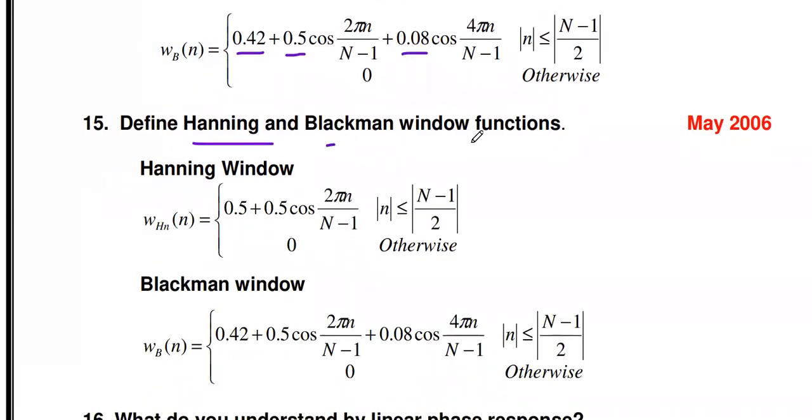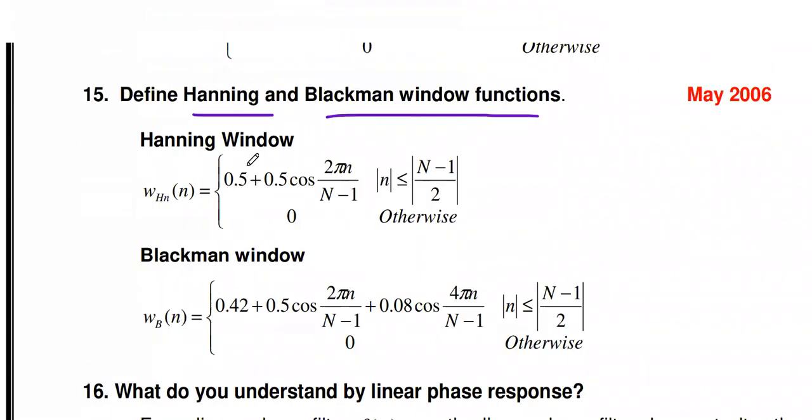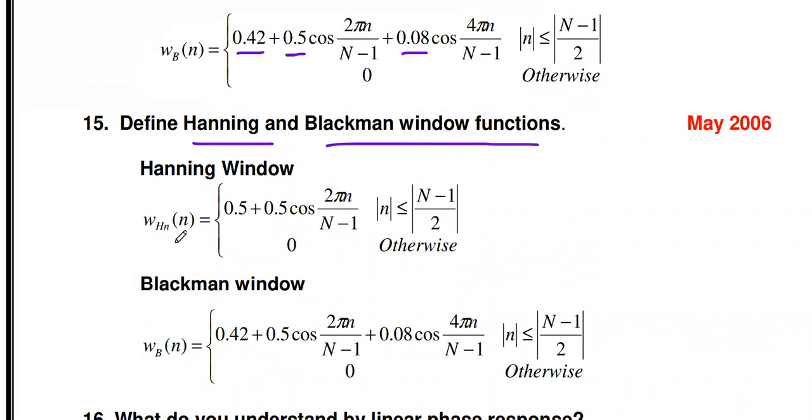Define Hamming and Blackman window function. May 2006 question. This is a Hamming. So the Hamming window sequence w_H(n) is equal to 0.5 plus 0.5 cos(2 pi n by N minus 1) for the modulus of n less than or equal to N minus 1 by 2, 0 otherwise.